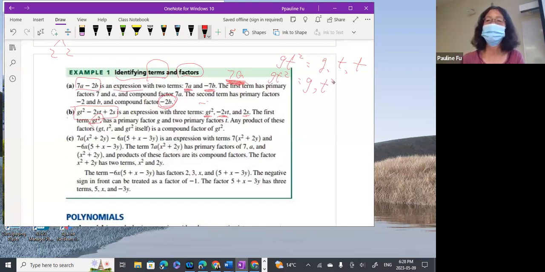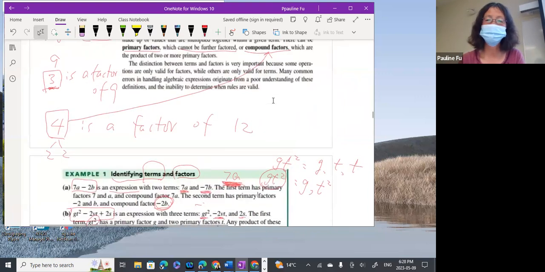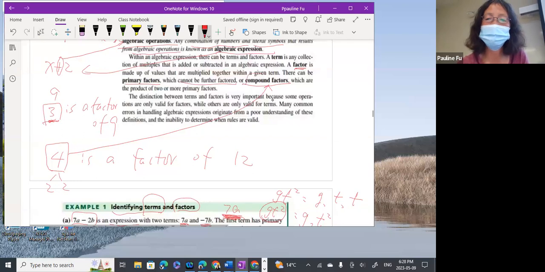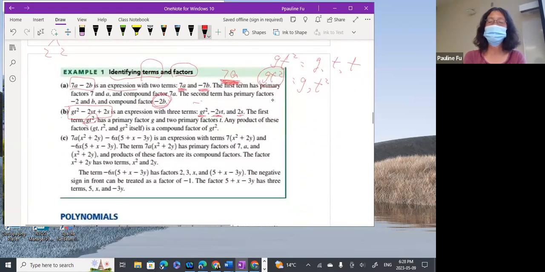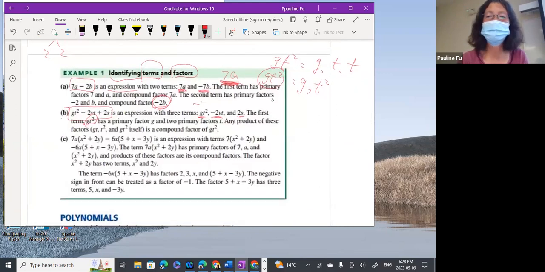t squared is a factor of gt squared, but t squared is a compound factor. So read the question carefully. If the question asks you to identify the compound factor in gt squared, the answer is t squared.